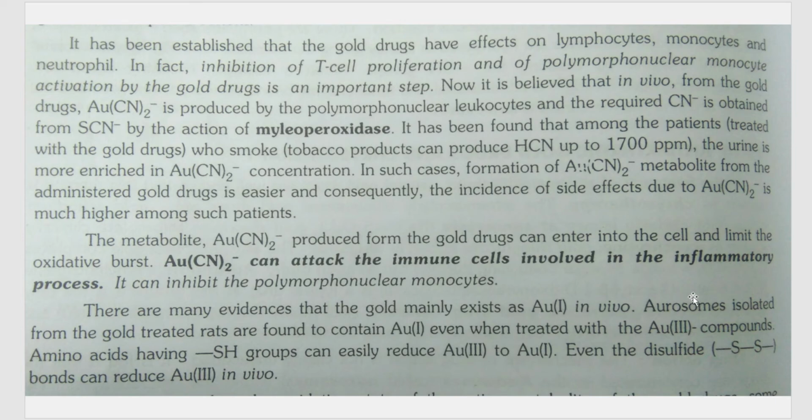It was seen that even if gold was administered in the +3 oxidation state, the amino acids having SH groups reduced this gold from +3 to the +1 oxidation state. Even the disulfides present in our body reduce this Au3 to Au1. So usually in the body, the gold always exists as Au1.